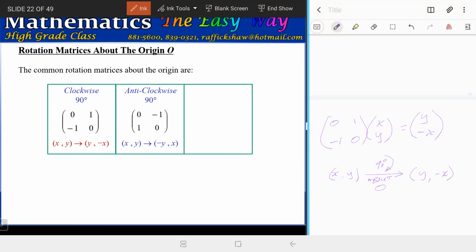So I can use any values. My values are (3, 4). I know that (3, 4) under the same 90 degrees clockwise rotation about O: the y value comes to the front. You can see that the y value here goes to the front, and the same thing happens with this y value, so you get the 4 there.